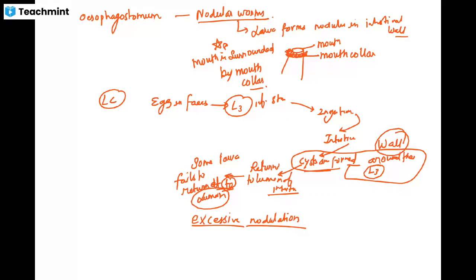In that case there is excessive nodulation due to the remaining larvae that failed to return to the lumen. Then again eggs are passed in the feces. In this, the species is Oesophagostomum columbianum.